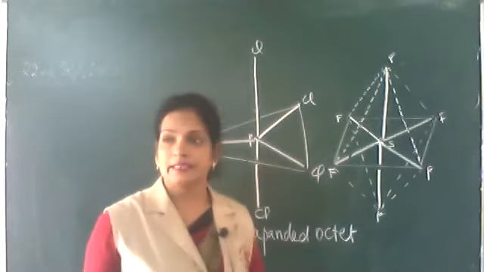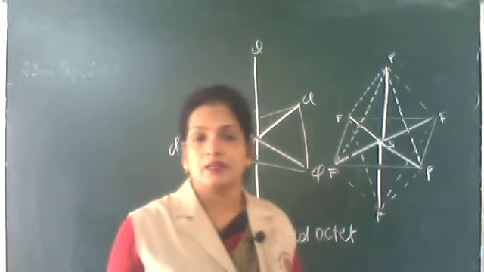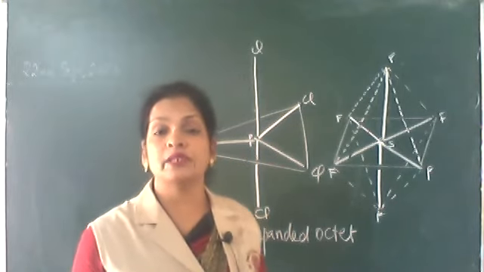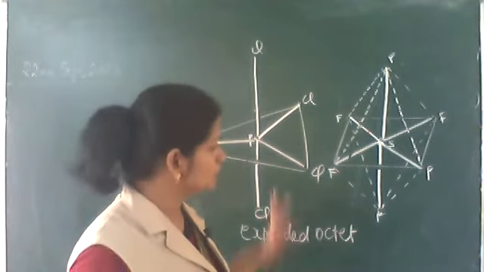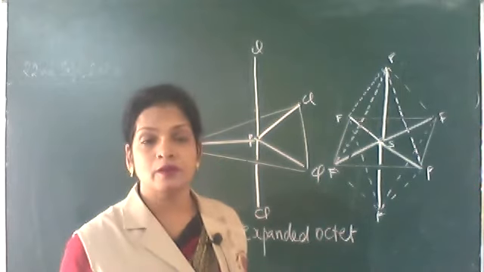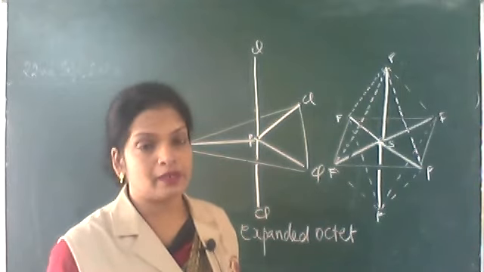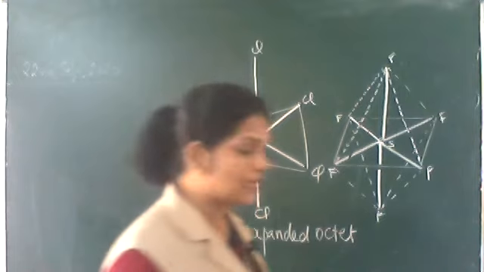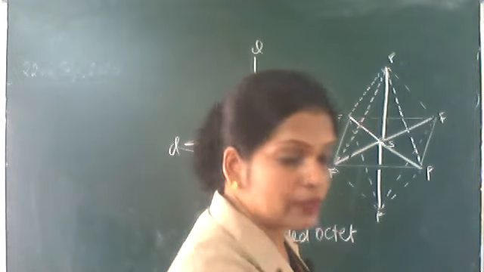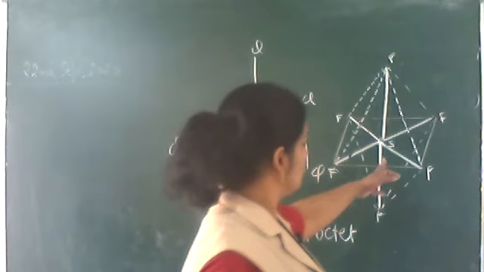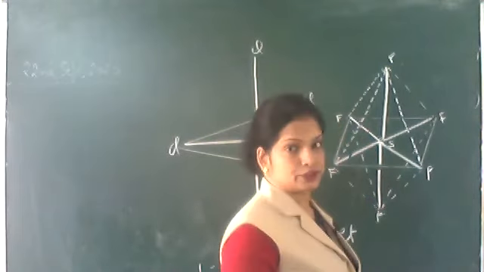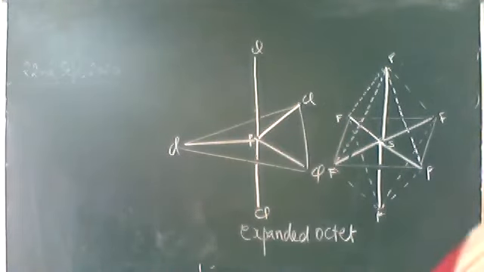In this, the central atom sulfur has more than 8 electrons. So this is another example of expanded octet. Similarly, in H2SO4, sulfur has more than 8 electrons. Here see, 1, 2, 3, 4, 5, 6 bonds, 6 into 2, 12 electrons are there.